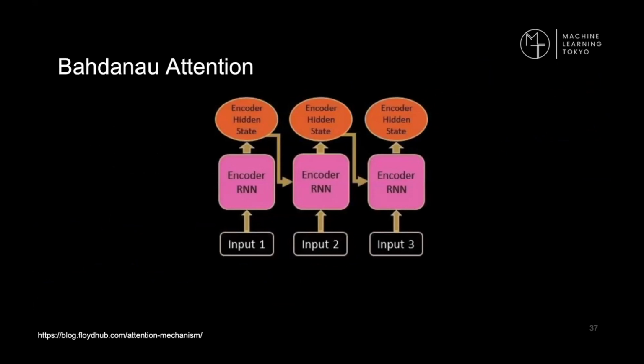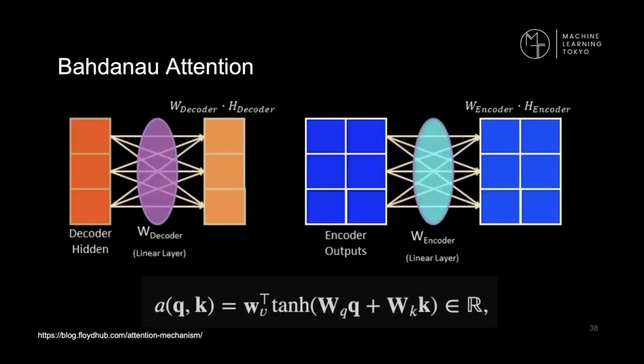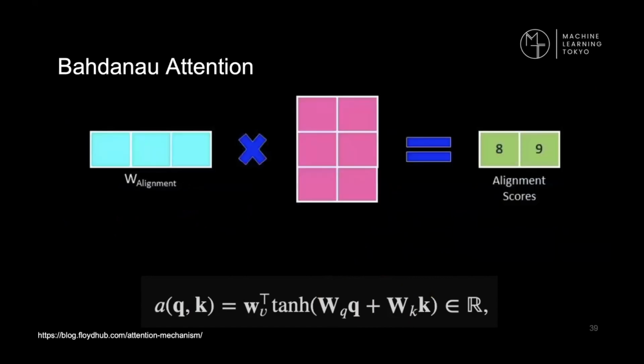So you have all of your hidden states from your encoder RNN. You use the decoder hidden state and all the encoder hidden states, multiply them with some weights and add them up, which is going to be shown a slide after this. Then you multiply this sum with W_T, which is again coming from another layer. You get some alignment scores.